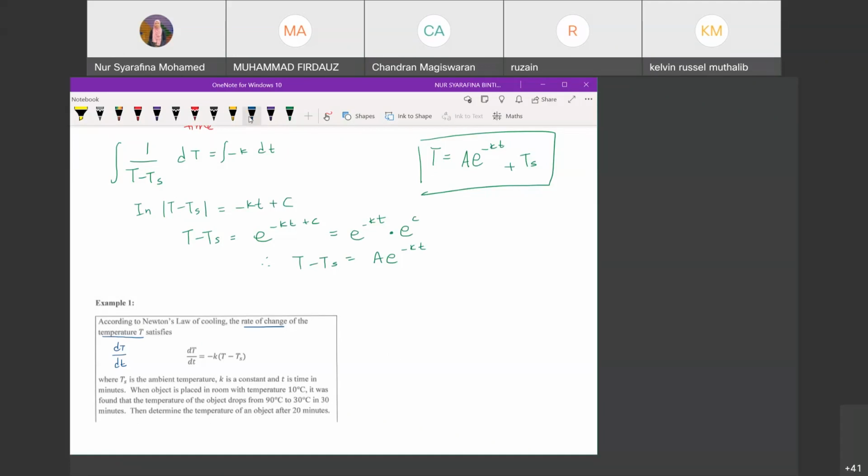When an object is placed in a room temperature of 10, it was found that the temperature of the object drops from 90 to 30 in 30 minutes. Then determine the temperature of the object after 20 minutes.